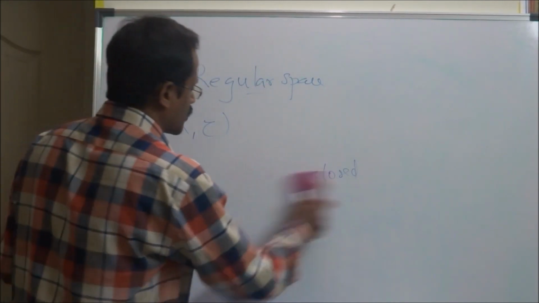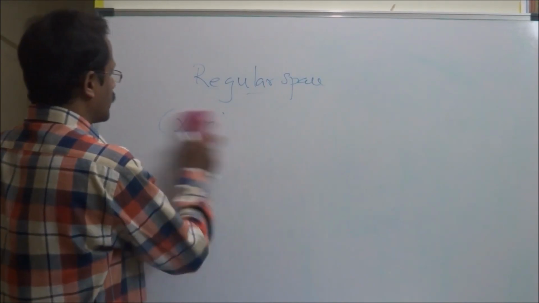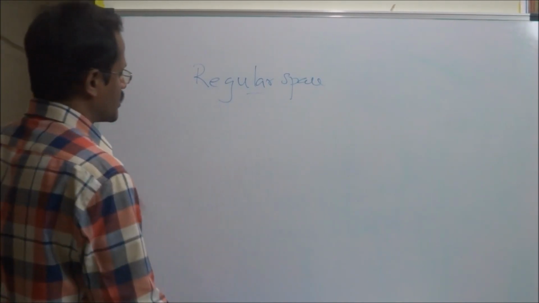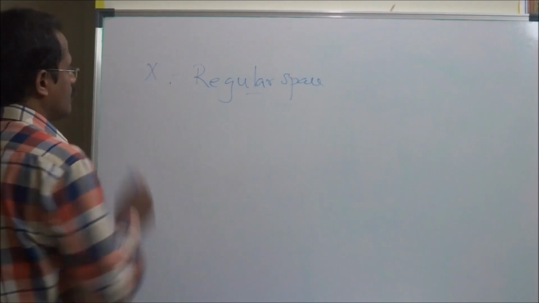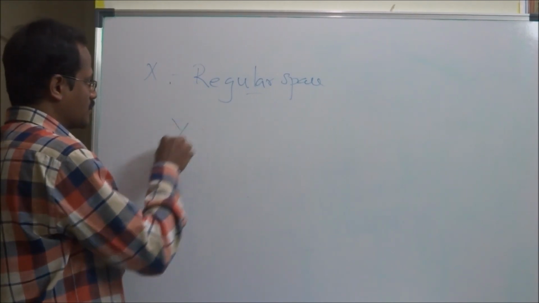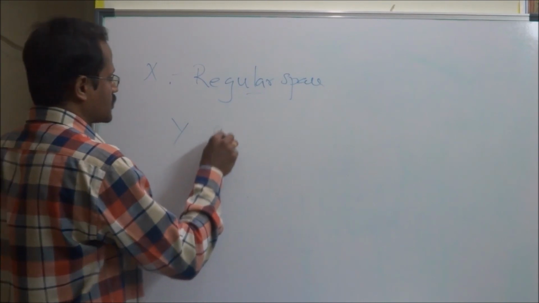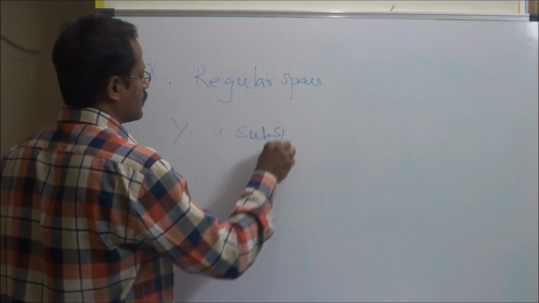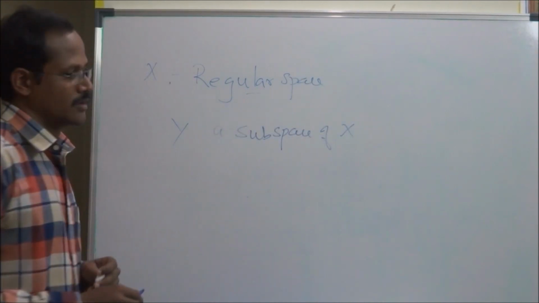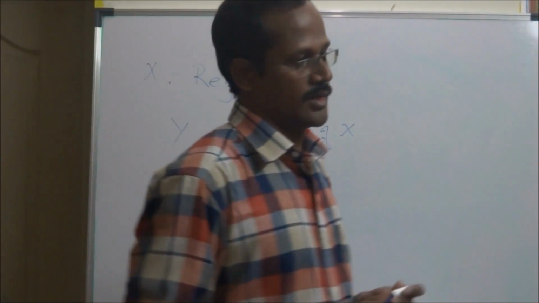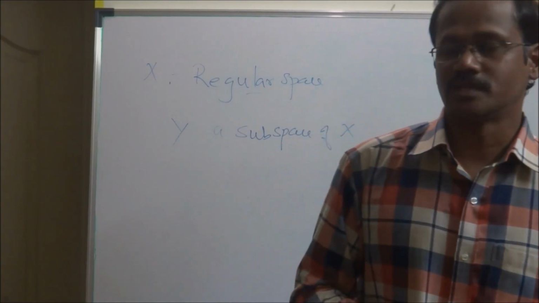For that, you take a topological space X which is a regular space, and you consider a subspace Y of X. To prove that Y is also a regular space.